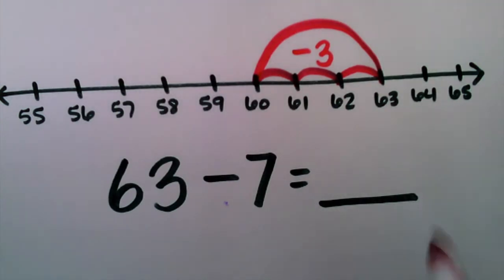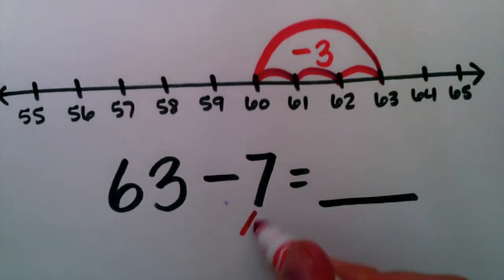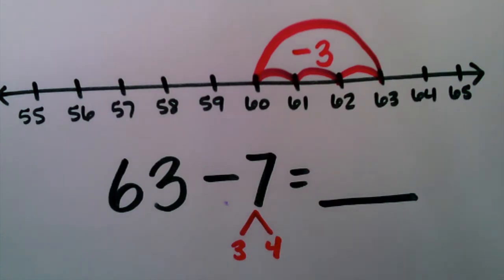Now, how can I break apart the 7 to do this? Well, I could break it up as 3 and 4 because I needed the 3 ones to get to a tens number, and I have 4 ones left over. And I know this because 3 plus 4 makes 7.